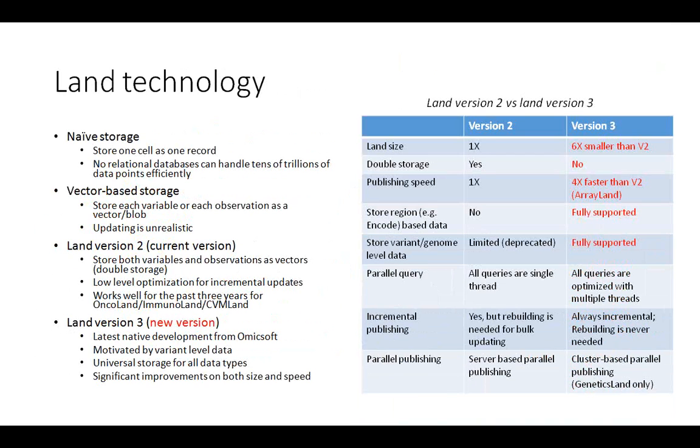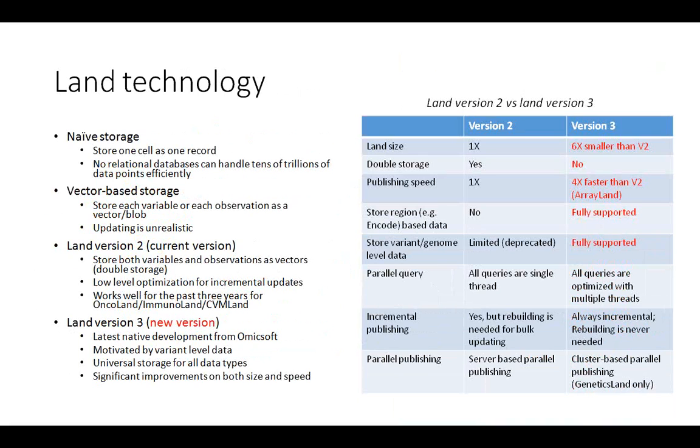Version 3 uses only 1/6 of the space. So if TCGA previously took about 600 gigabytes, the new version will only take 100 gigabytes without losing any information. There's no double storage or storing both rows and columns.